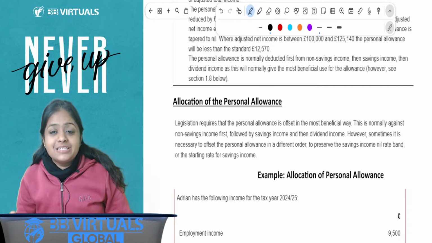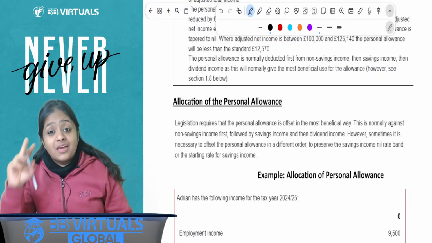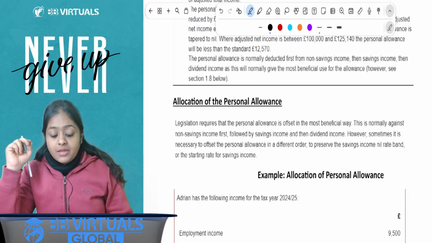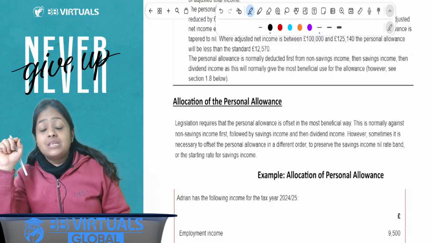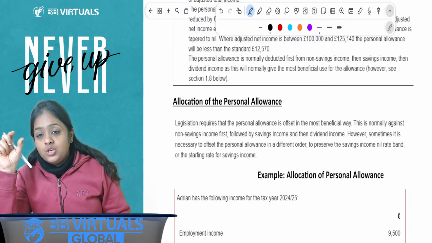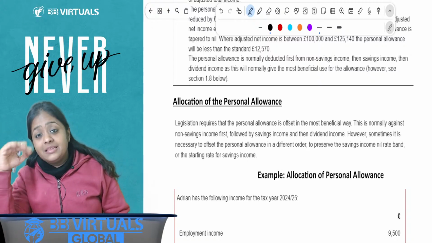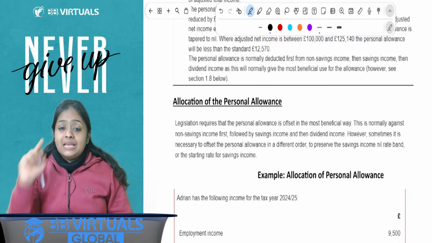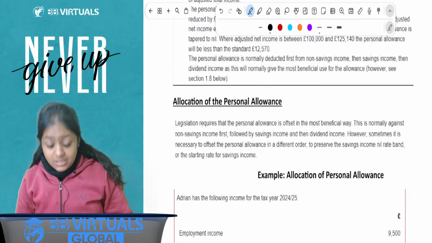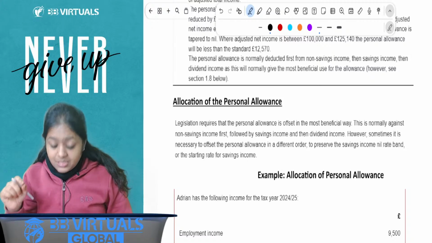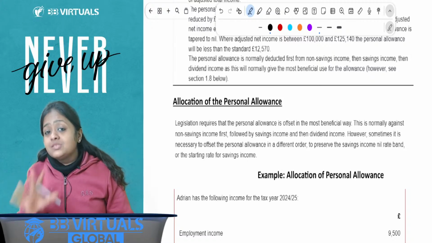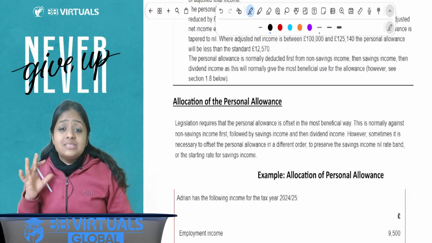Now you have seen, when we discussed taxes, I told you one point: typically for tax students, the allocation of PA is that you take it first against NSI, make it zero, and only then use it against SI and DI in the same sequence. But ATX students, I want your attention here, because when we allocate PA, the law does not say that you have to allocate it in a sequence.